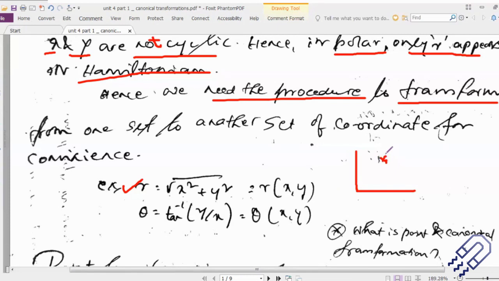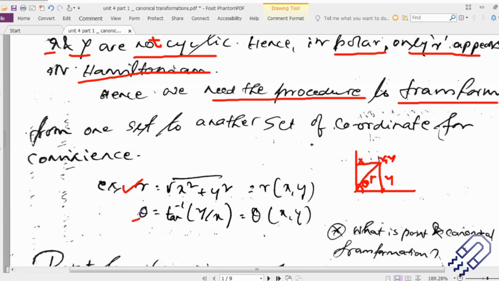If you join this point from here, this represents r, and you can write it in terms of x and y, because this is y and this is x. Using the Pythagoras theorem, r squared is x squared plus y squared. So we are transforming from one system to another. That is basically called the transformation.